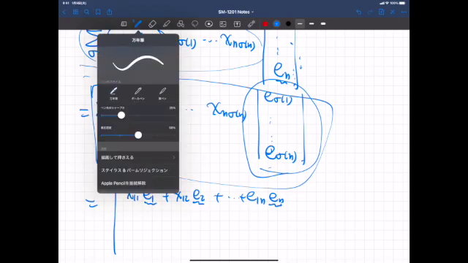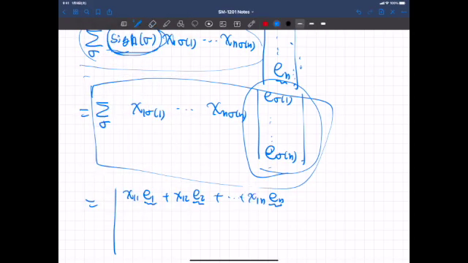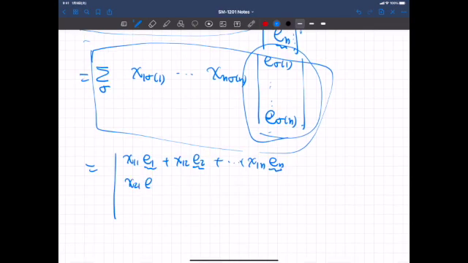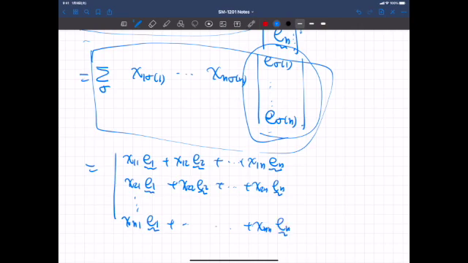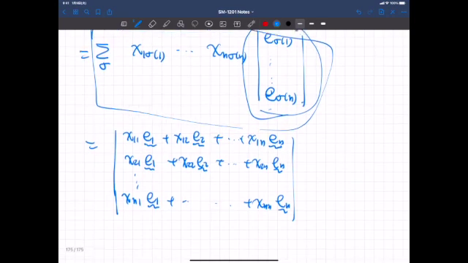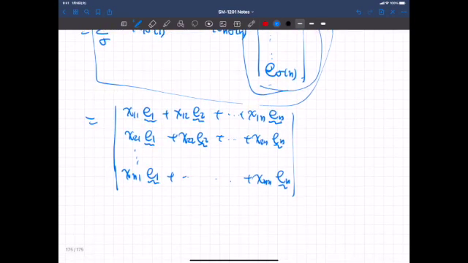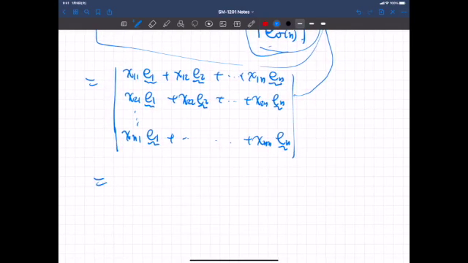The second row is x21 e1, x22 e2, up to x2n en, and so on, up to xnn en. So by expanding using the multilinearity of the determinant, you can show that this is equal to this. But this is actually equal to the determinant of x itself.